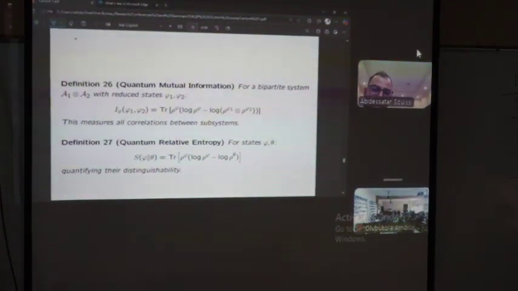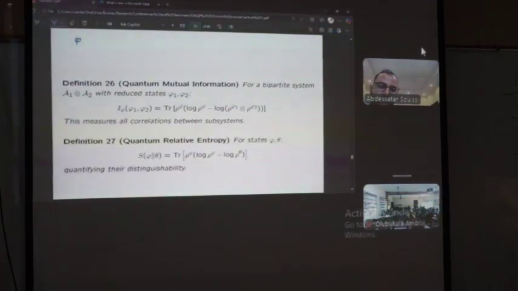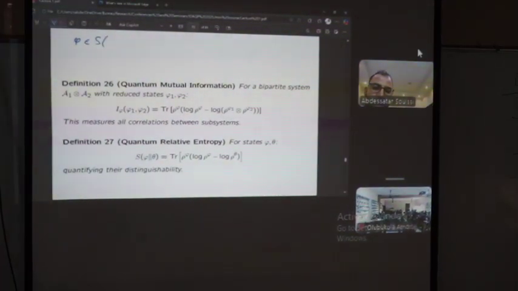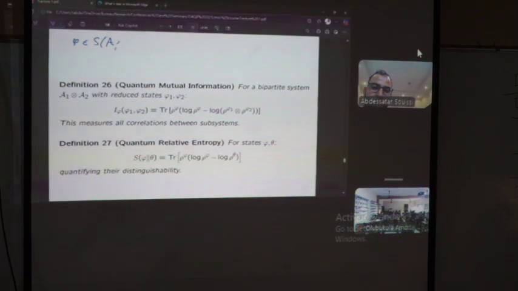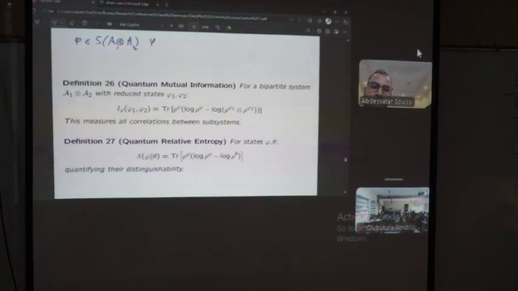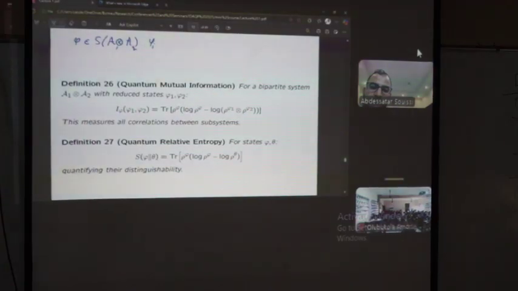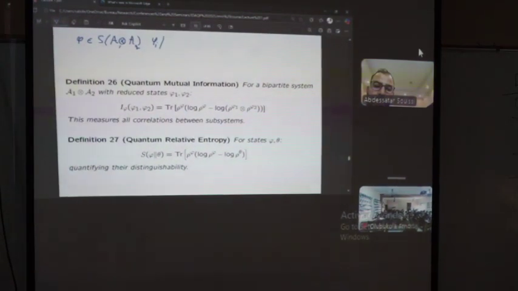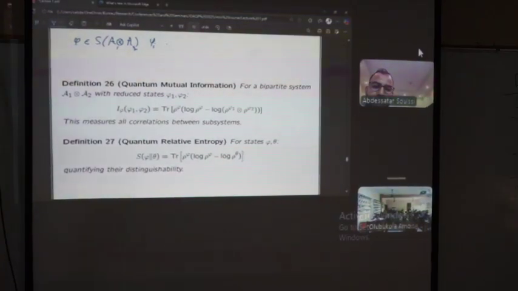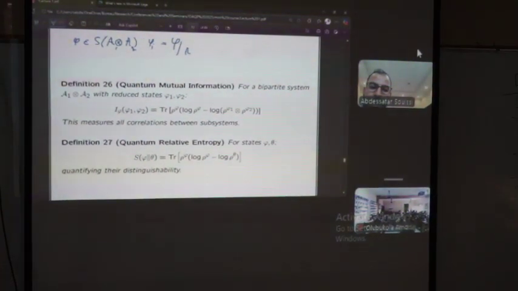Here phi is a state on the algebra A1 plus A2, and phi i is the restriction of phi on the subalgebra Ai.